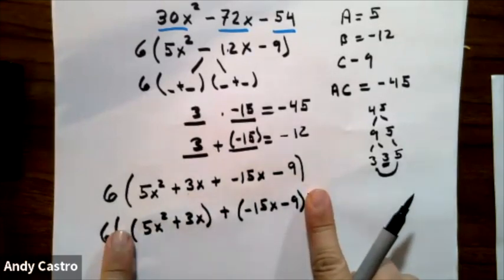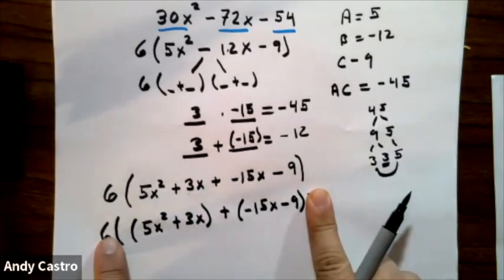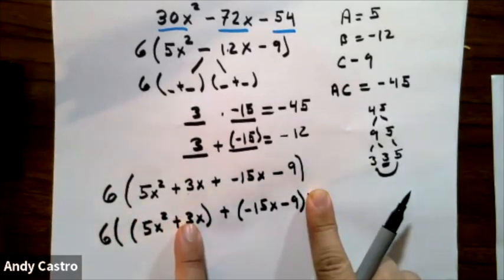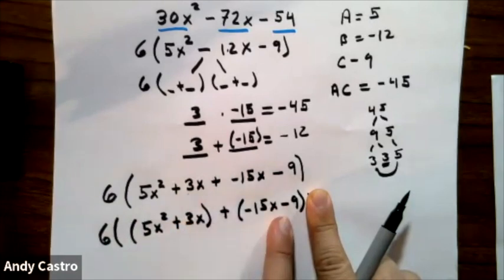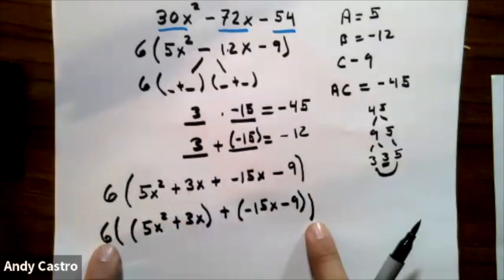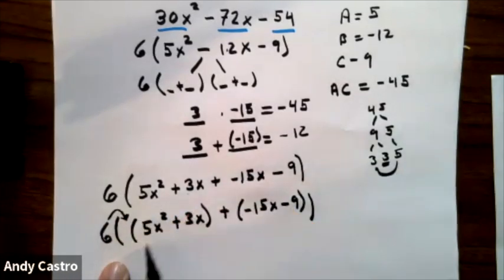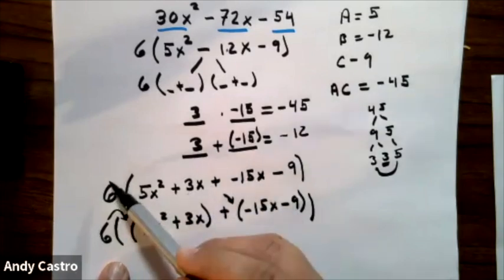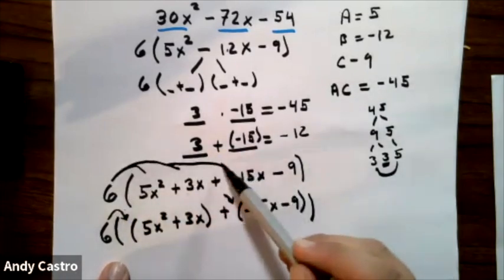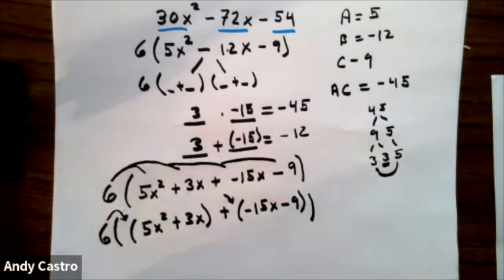Because if I didn't, this 6 would only distribute into these two and not these two. So if I have two sets of parentheses, what I'm saying is this 6 on the outside belongs to this set right here and this set right here. Which is the same thing as if I dropped those inside parentheses and this 6 would go to each term on the inside. Okay, so make sure you keep those parentheses straight.